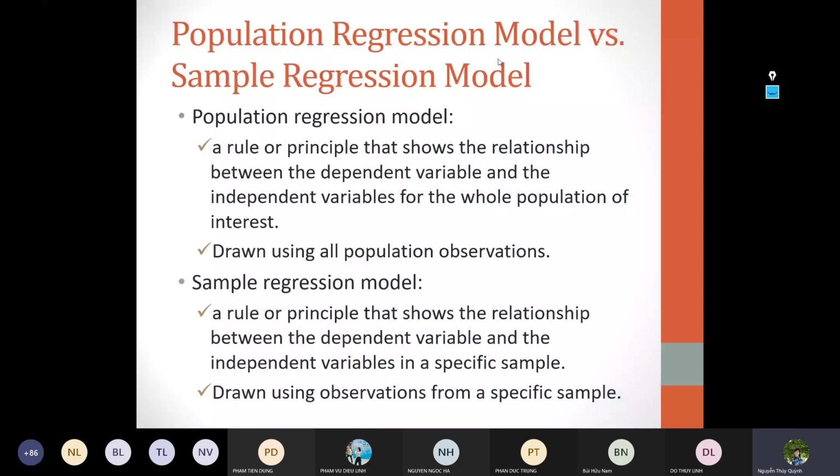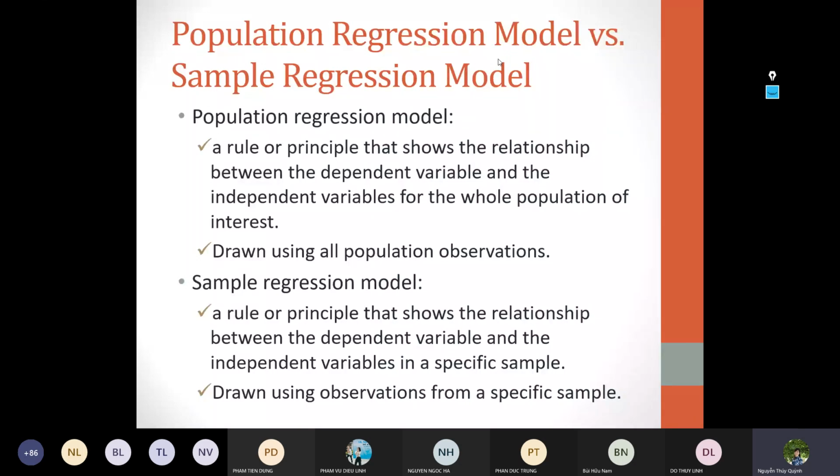And how about the sample regression model? What is the difference between the population and sample regression model? The sample regression model is also a rule, a mathematical equation that shows the dependence of the dependent variable on the independent variables. But that rule only applies to a specific sample.